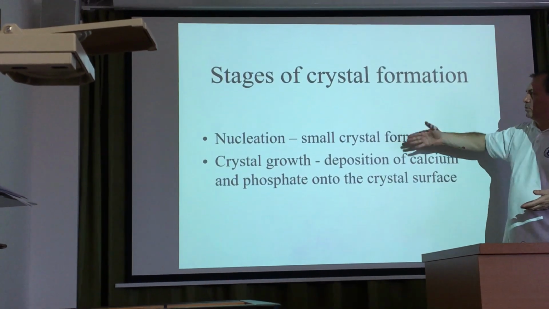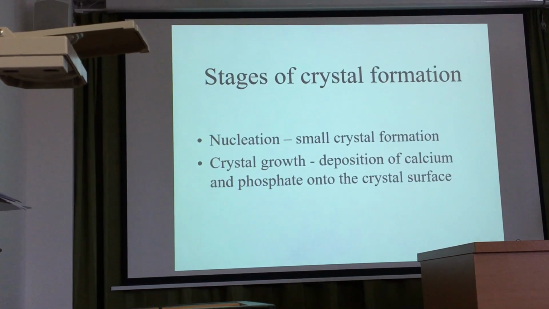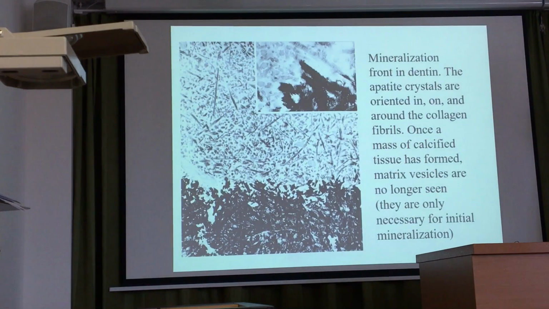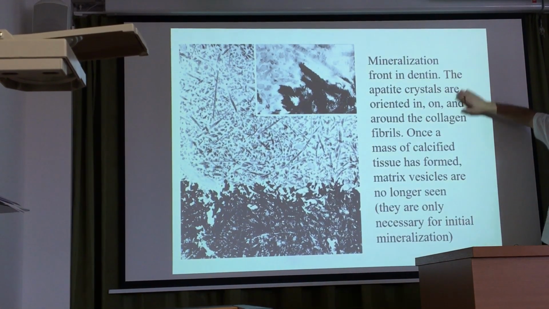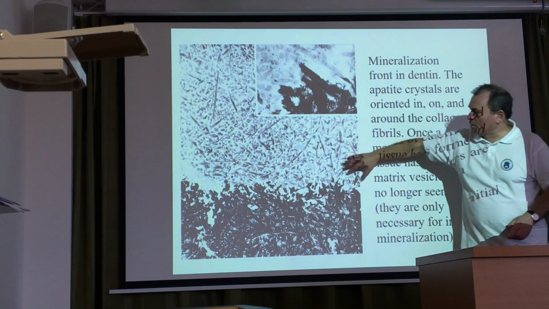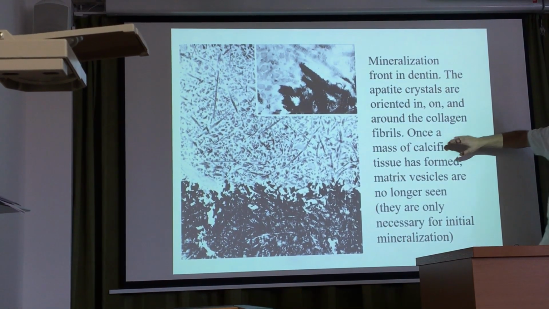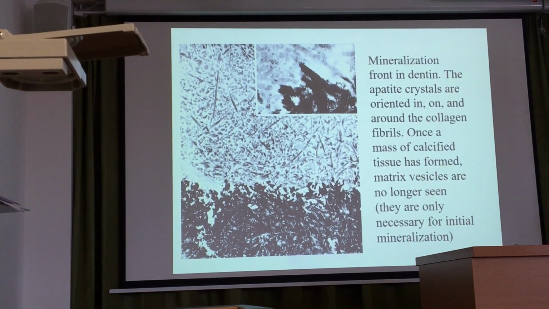So these are two stages, the initial stage and the growing stage, or these are just theoretical things. And you can see here apatite crystals, and these apatite crystals are forming around the preformed collagen network.